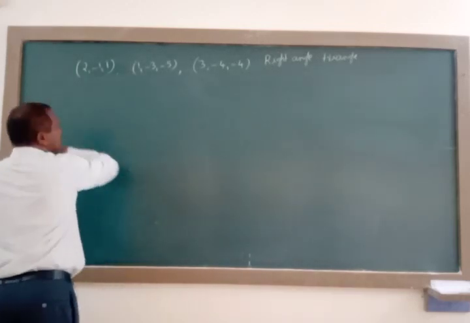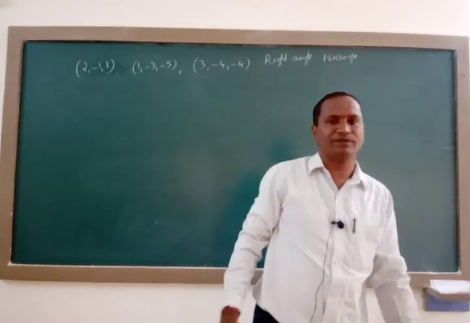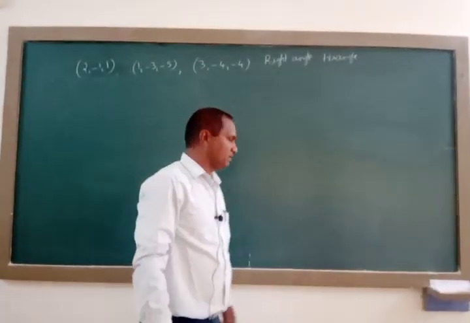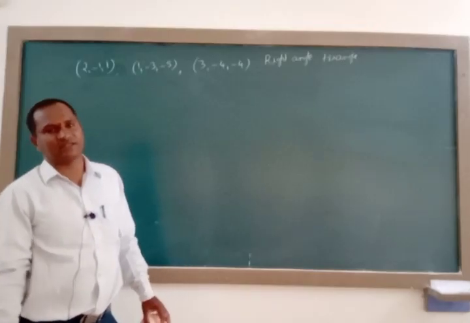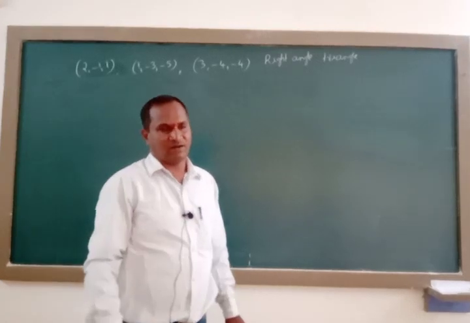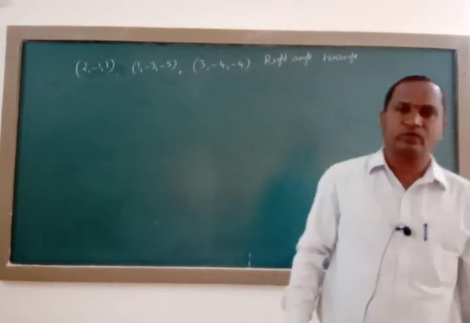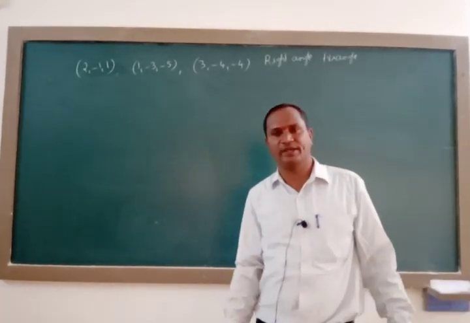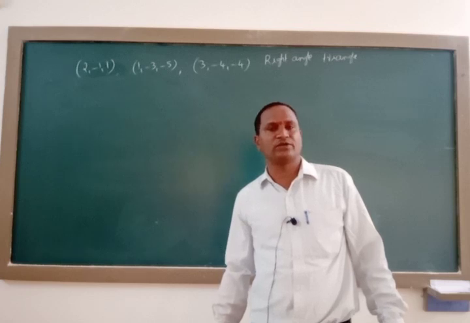Same here, this problem we can solve in two methods. One is by applying the statement of Pythagoras theorem, and the second is by applying the concept of dot products. The concept of dot product means whenever the dot product of any two vectors is equal to 0, we can say those two vectors or lines are perpendicular to each other.